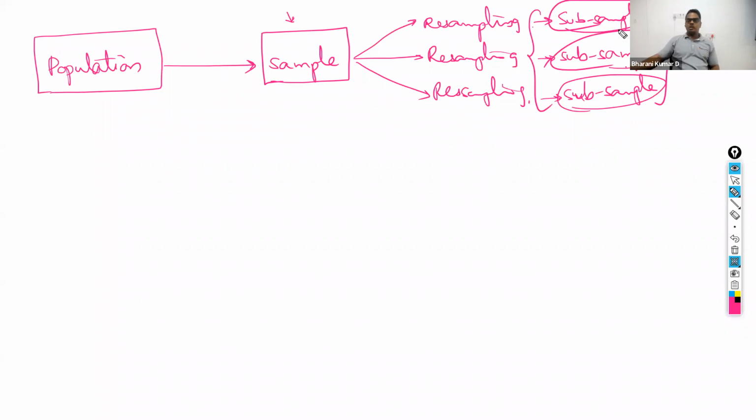All these subsamples, think about these as your training data sets on which you train your models. And there is something called bootstrap sampling, or bootstrapping.